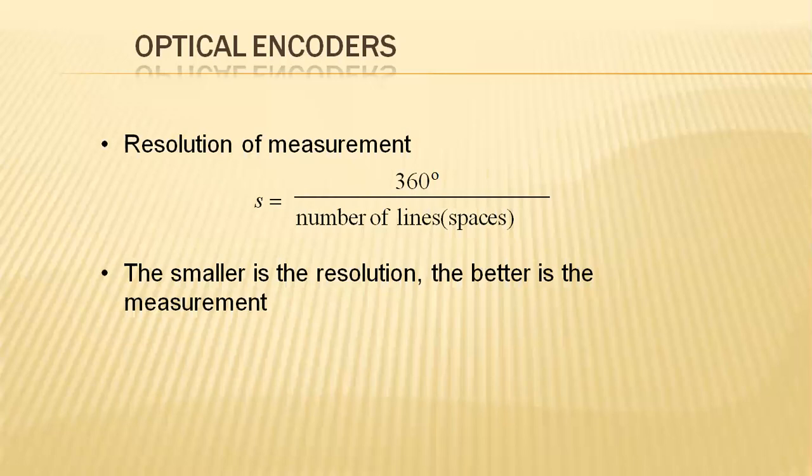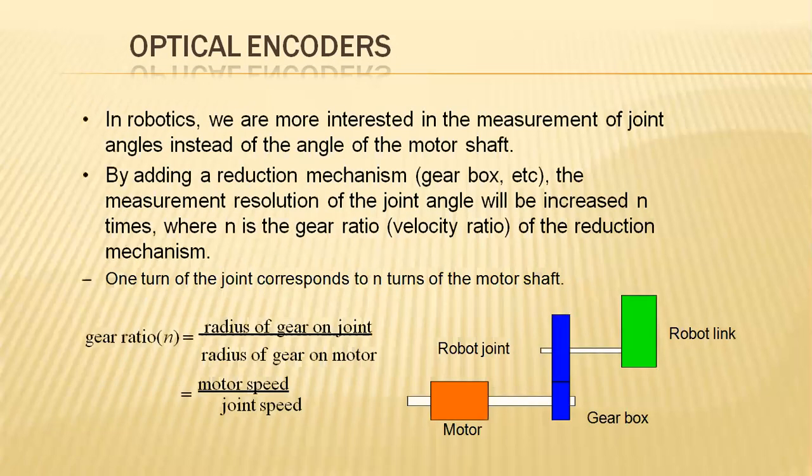Spaces here means the openings which allow the light rays to pass through. Right? If there is a smaller resolution, we will have better measurement. That is the status of optical encoders.